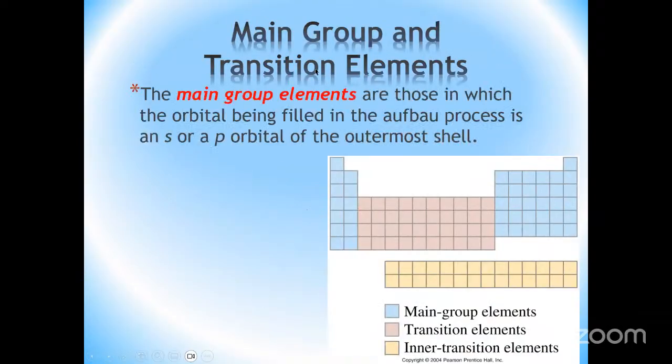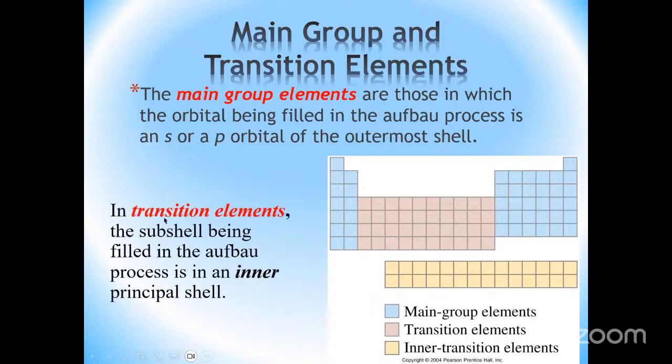So this here is basically a very simple representation of the periodic table as to the different regions in the periodic table that have special names according to the type of electron configuration of the different atoms in those regions.